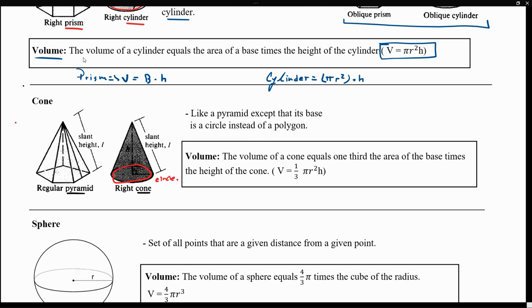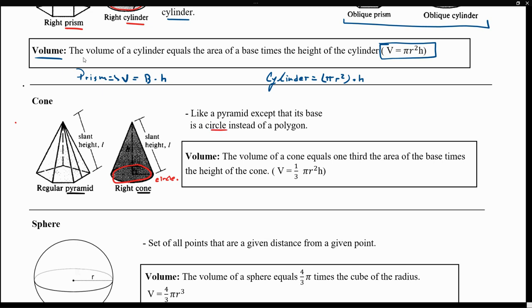So everything that we discussed about pyramids carries over with cones. But in order for us to call it a cone, our base must be a circle. It's like a pyramid, except that the base is a circle instead of a polygon.